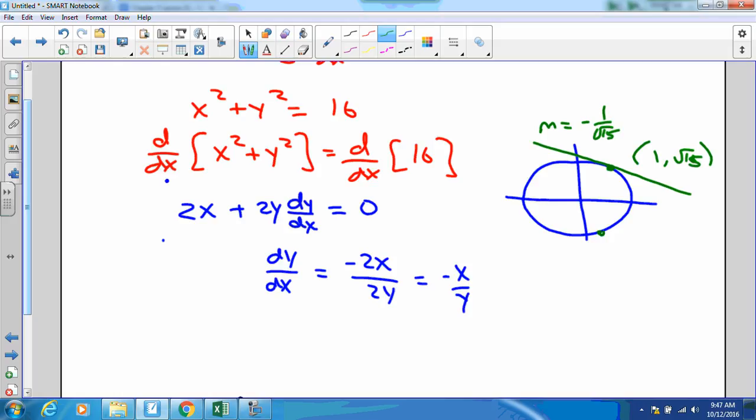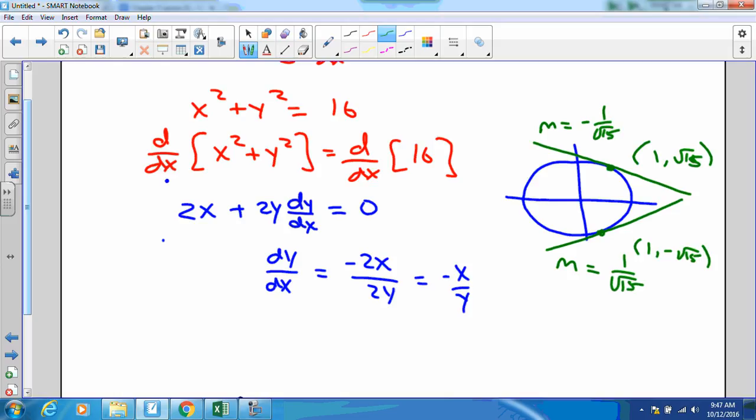But if I'm down here on the bottom branch, so that my x is 1 and my y is negative root 15, look at that. I get a positive slope, which is the opposite of x over y. Interesting. Same x value, 2 different slopes because of 2 different branches. Makes a whole lot of sense.